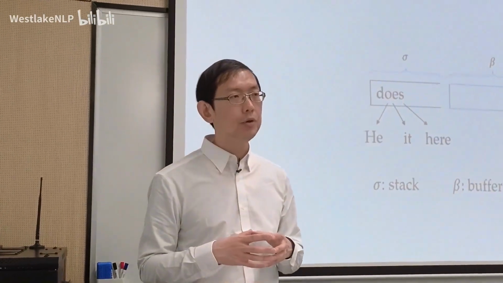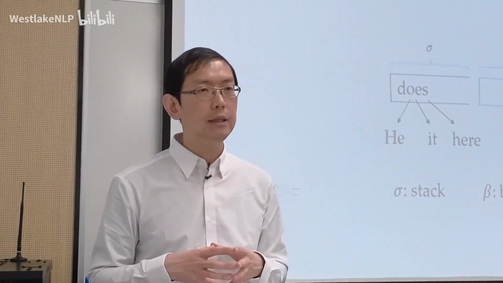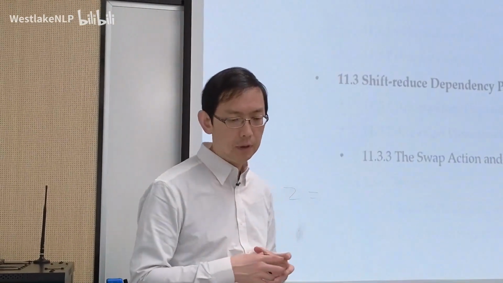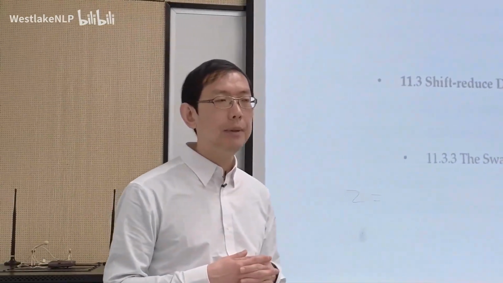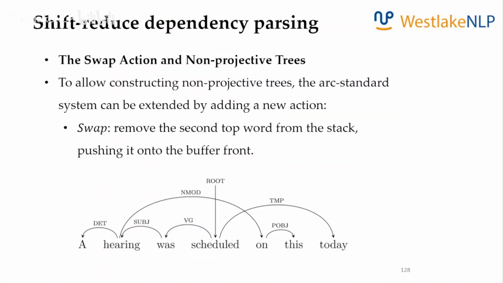The next example shows you one interesting phenomenon, which is called non-projective dependency parsing. So far, the dependency trees are projective in the sense that if you draw the tree on paper, there are no crossing arcs. But non-projective trees are trees that have crossing arcs.